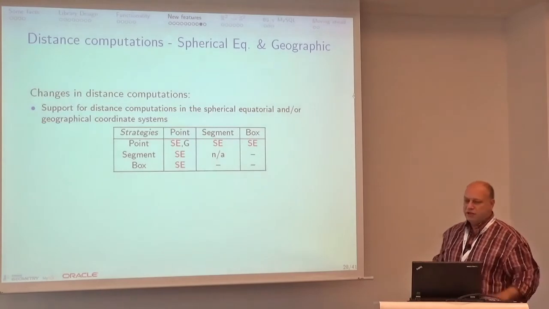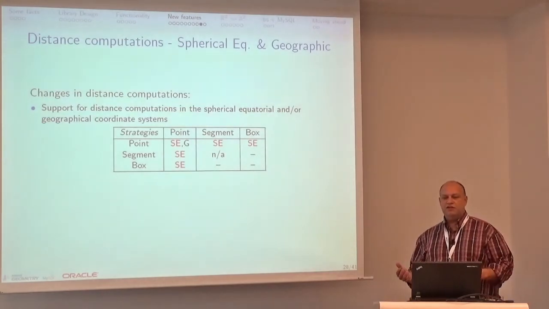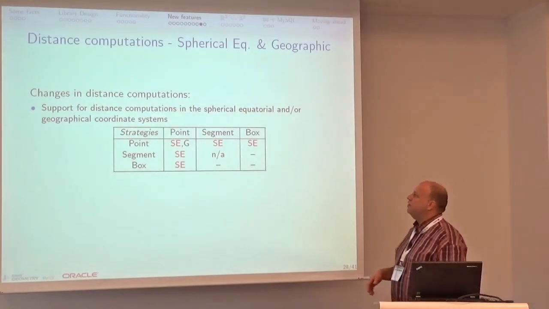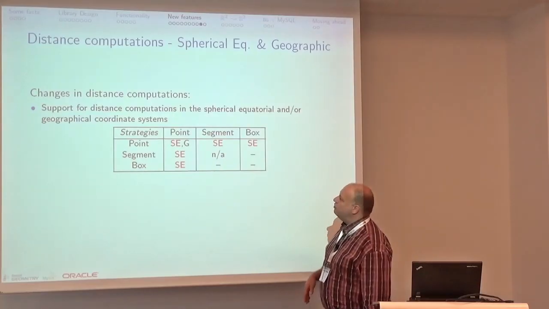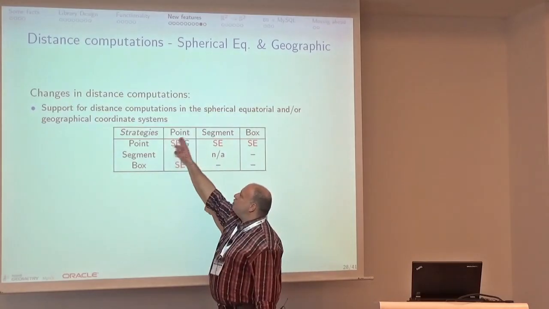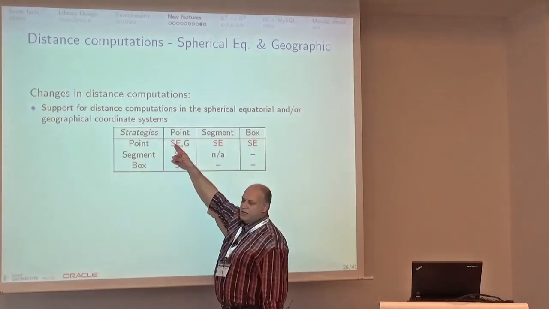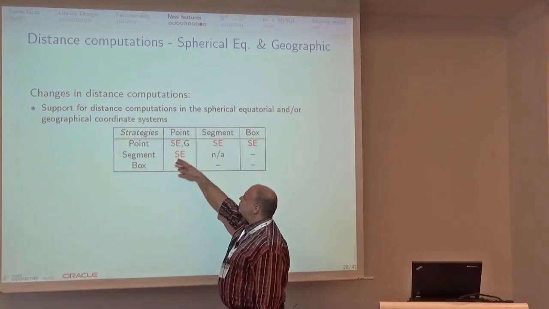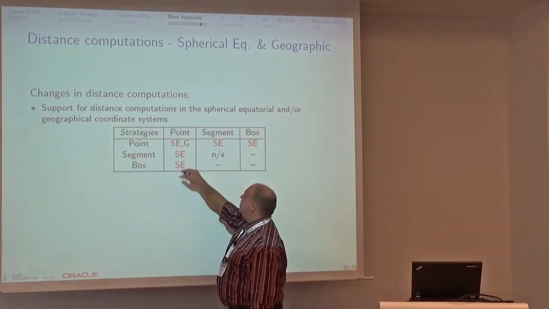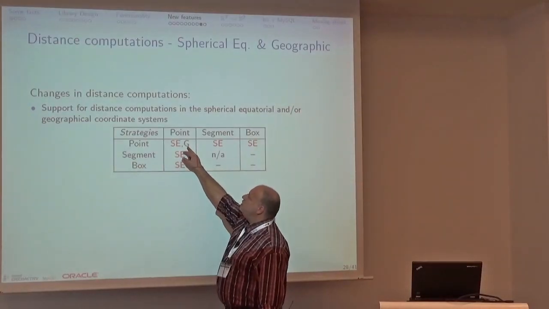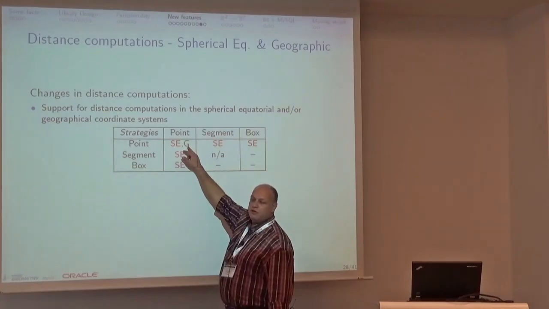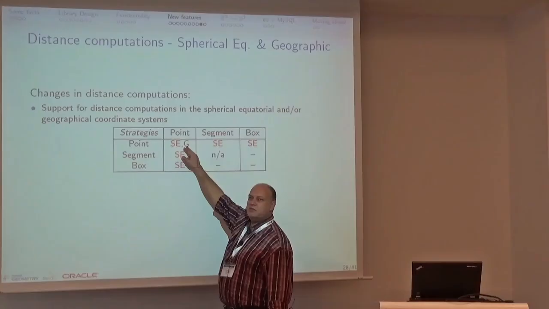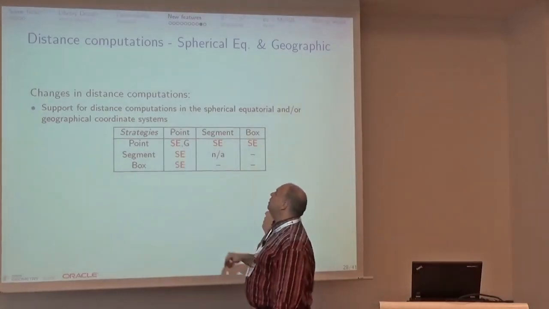So just to recap what is happening with respect to distance computations and the strategies that are available right now. You can compute point-point distances on the sphere. SE means spherical equatorial. You can do point-segment and point-box. Also, this is symmetric, and you can also do point-point on the Earth, on a geographical coordinate system. This is fairly new. This has been added in 1.59, I think.